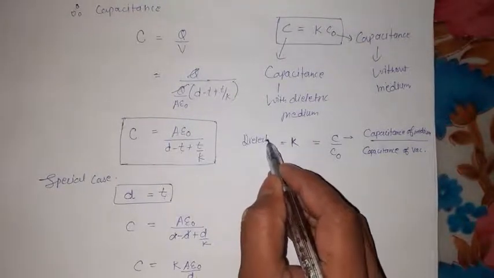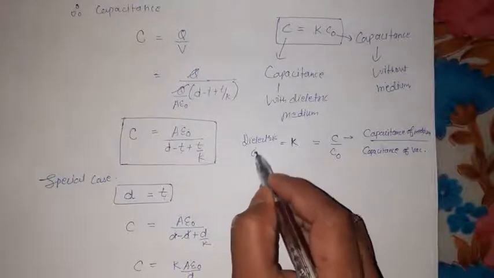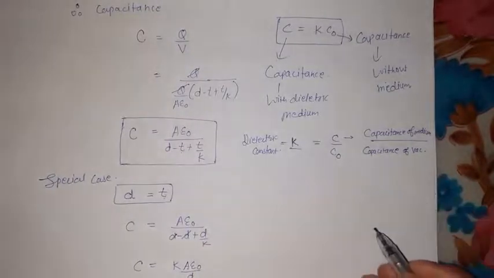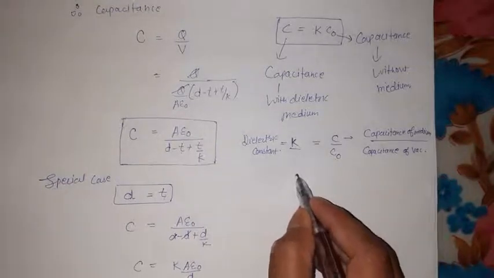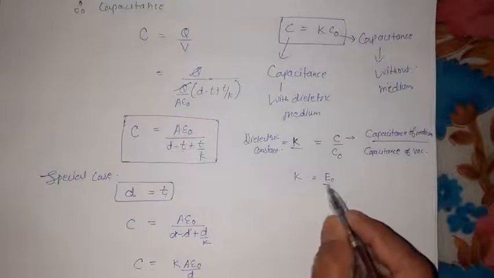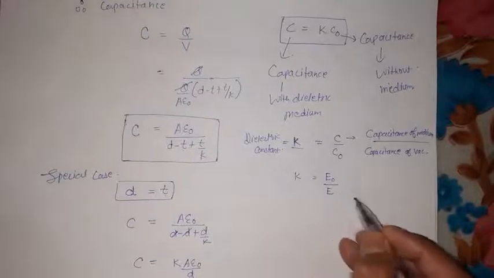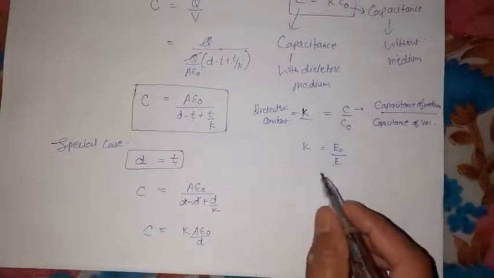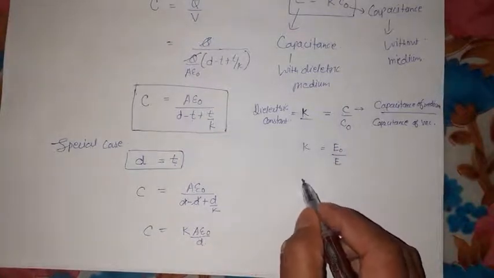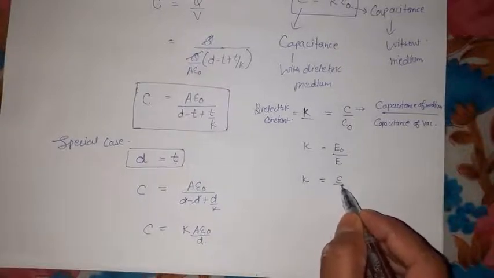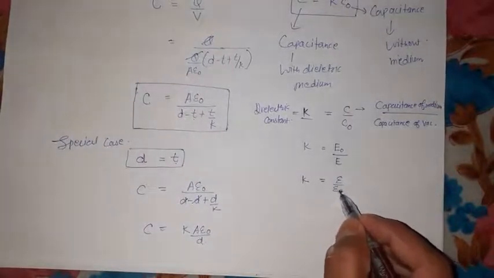So over here, student, we are getting another formula for the dielectric constant as well. As already written, the dielectric constant is the ratio of the external field to the reduced field. Previously we have also seen that it is the ratio of the permittivity of the medium to the permittivity of free space.